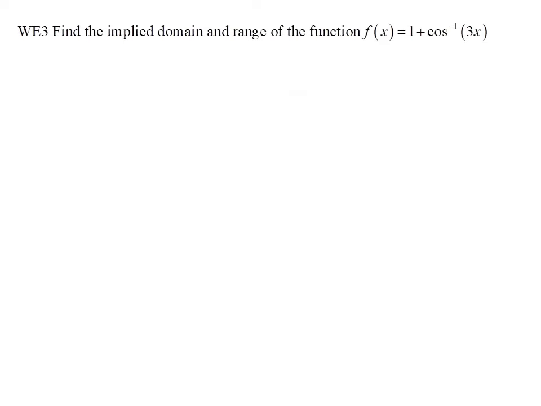Example 3 is to find the domain and range of the function f(x), which equals 1 plus arc cosine of 3x. According to the properties of the inverse cosine function, 3x is between -1 and 1, including both endpoints. Hence, x is between -1/3 and 1/3.